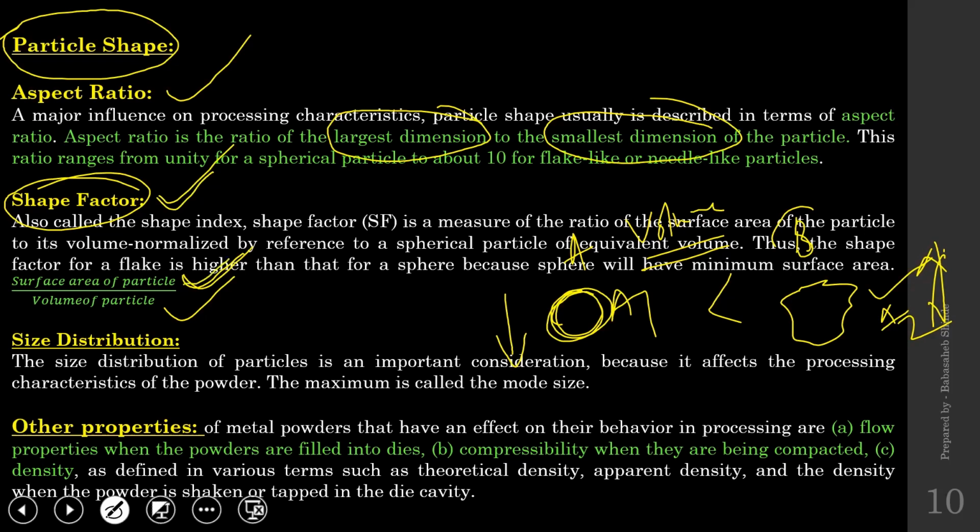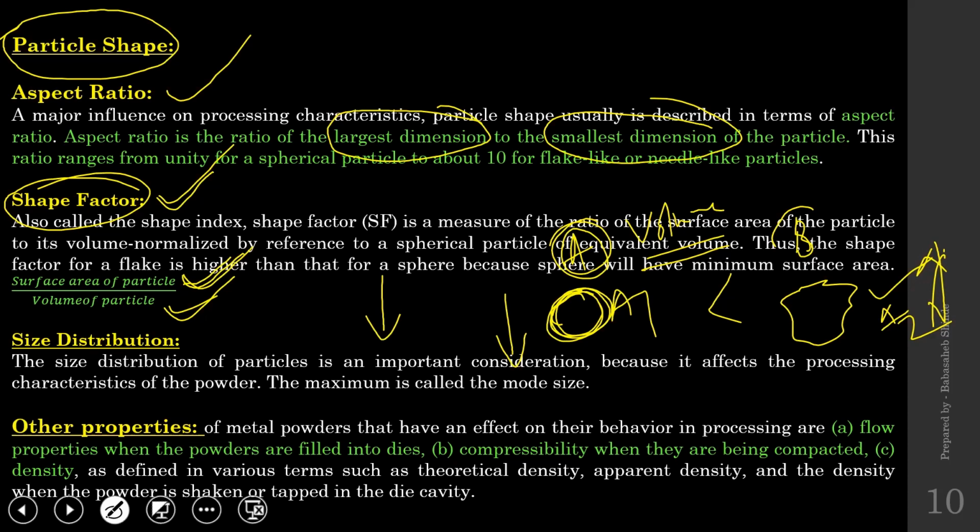Surface area of the particle to the volume. In case of a sphere, the area is always going to be smaller, so this ratio would always be small for a sphere, or the smallest value of this shape factor is going to be for a sphere only.